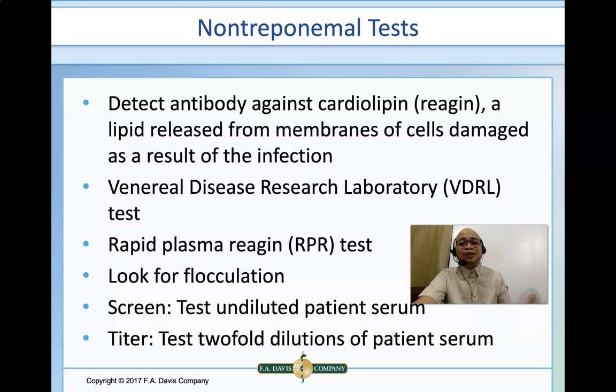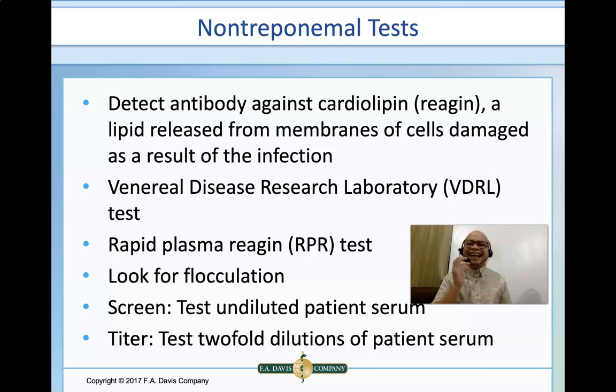Reagin develops whenever cells are damaged. For example, there are lesions in the genital area, so there are damaged cells, and damaged cells release a substance called cardiolipin. Our immune system develops antibodies against that cardiolipin. That antibody is reagin, and that is the one being detected in non-treponemal tests.